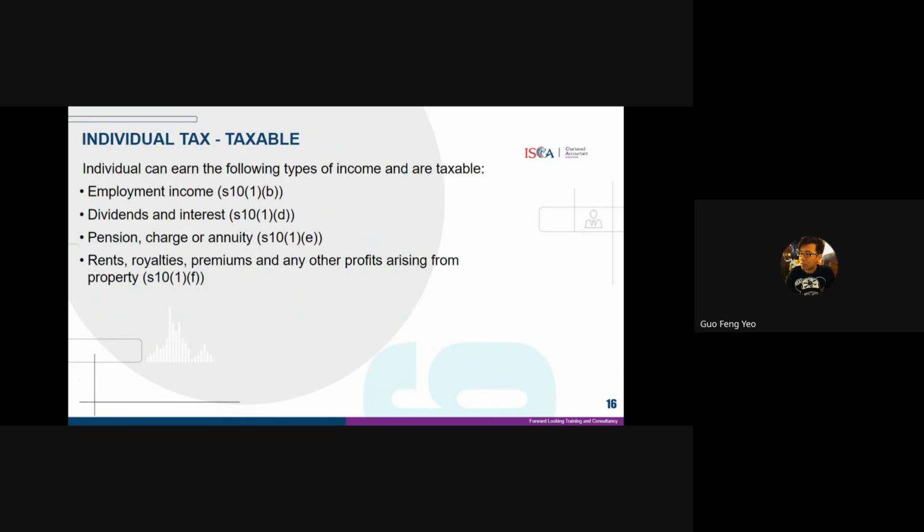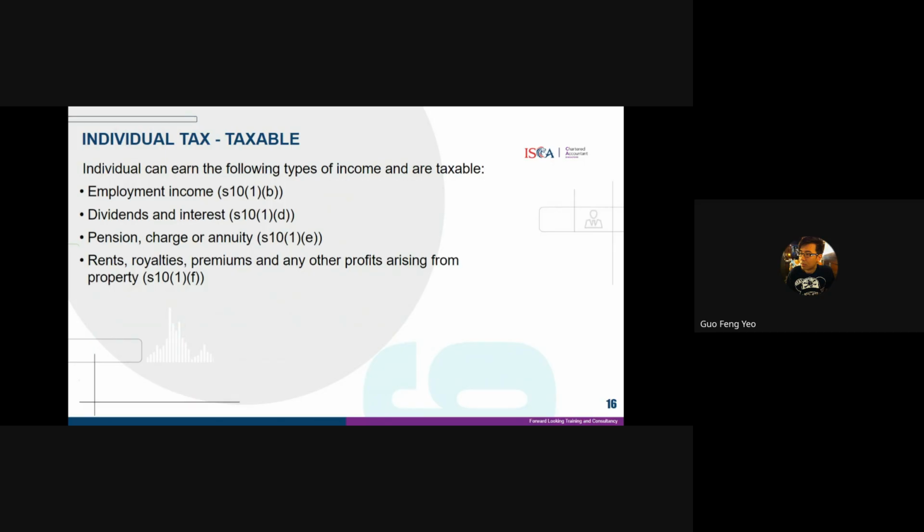Next, what are the general types of income that an individual could derive and is being taxed in Singapore? So typically, an individual can earn the following types of income and they are taxable. For instance, employment income, taxable under Section 10(1)(b) of the Income Tax Act. Dividends and interest, covered under Section 10(1)(d) of the Income Tax Act. Pension, charge, or annuity, covered under Section 10(1)(e) of the Income Tax Act.